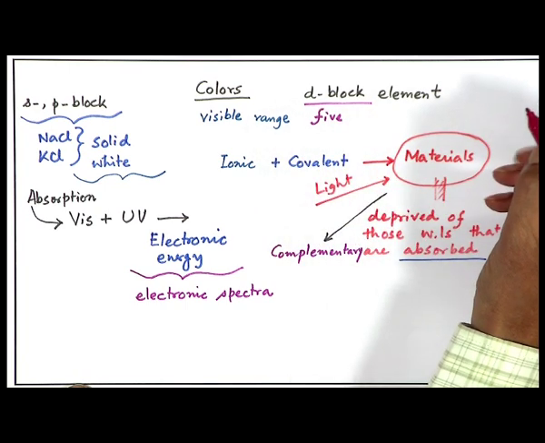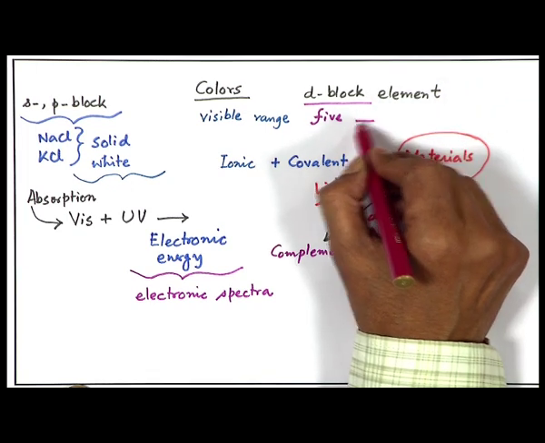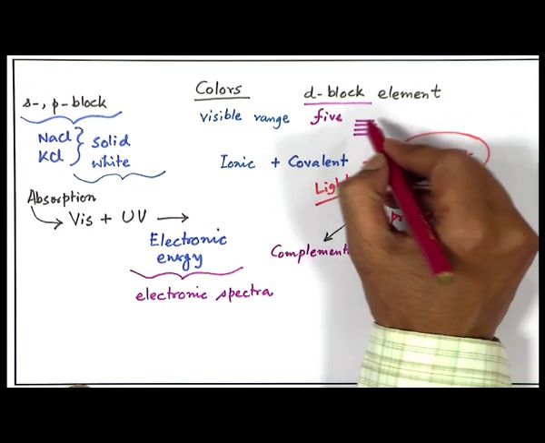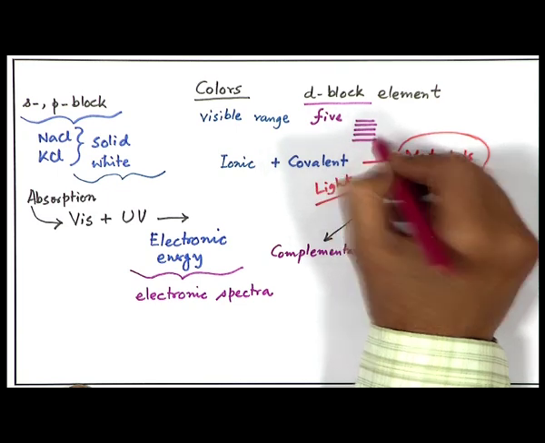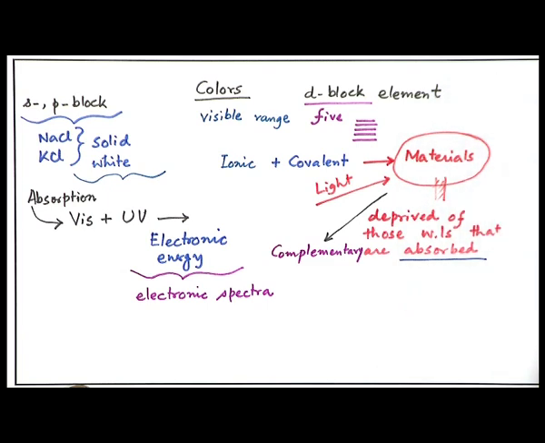In these d block elements we all know that there are five d orbitals, and when they are in the free ion state, that means the gaseous state, they have the same energy, that means they are degenerate.